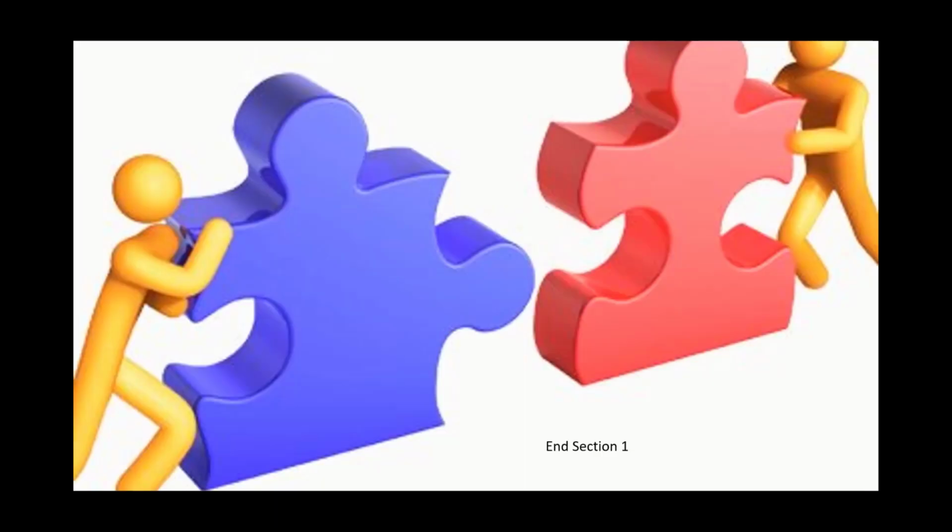This concludes the presentation of information for Section 1 of this program. We'll follow with some of the ideas or some of the concepts that you should have learned in this section prior to going on to Section 2, or the end of the program.